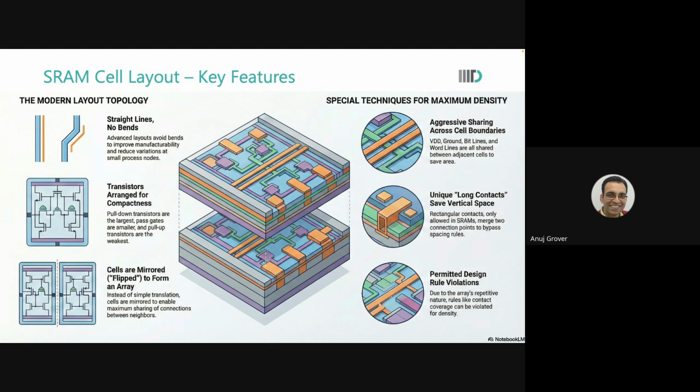We even saw a case where just because there was a notch on the active, irregularity on the active, we saw that, okay, a larger SRAM cell had better median SNM or mean SNM, but in terms of worst case SNM, it was worse than a cell which was fully regular.